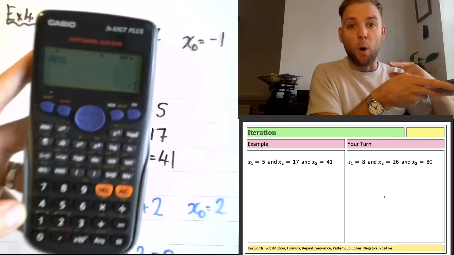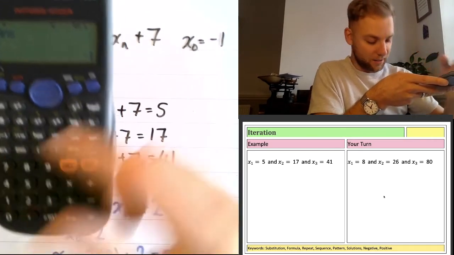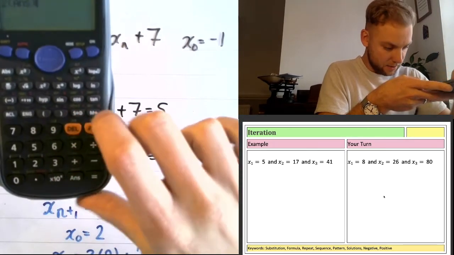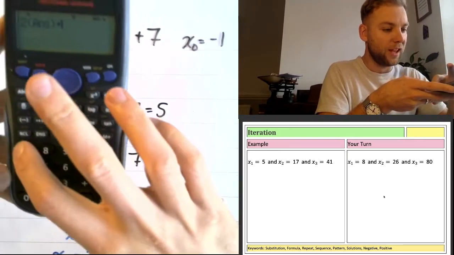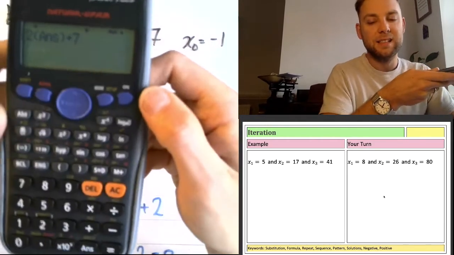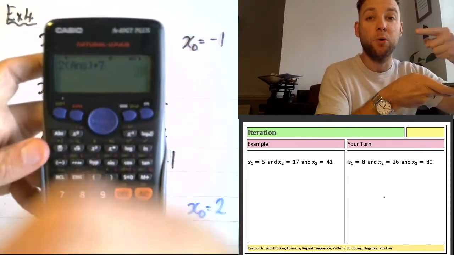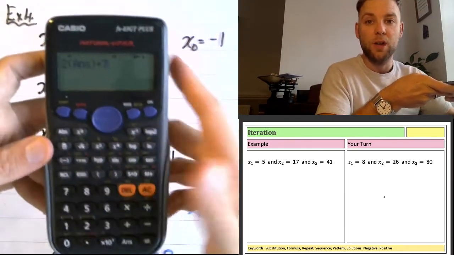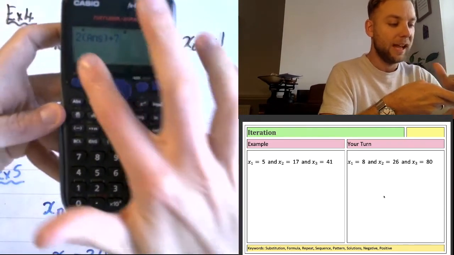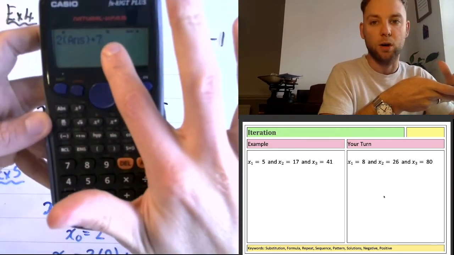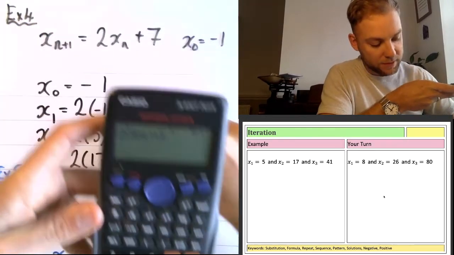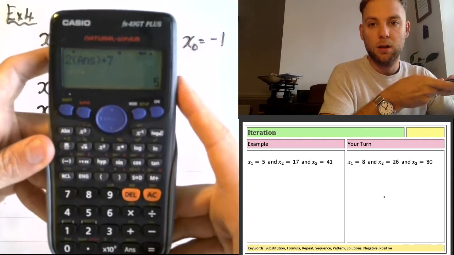So then if I want the next value, I need to do 2 times the answer, and in this case it was +7. Now the reason this is important is because every time it puts out an answer, it's already got it for you. So if I press equals now, it's going to do 2 times -1 plus 7, which we know is equal to 5.